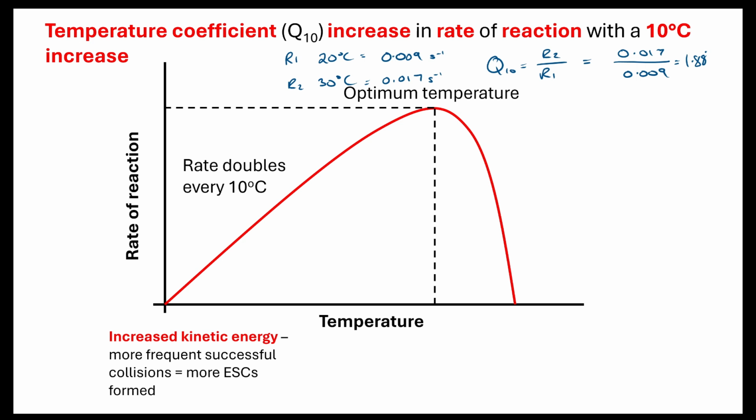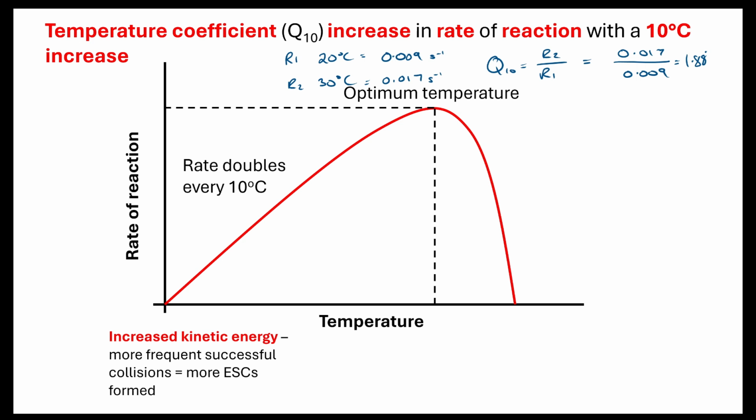Therefore, their rate of reaction will continue to increase until their optimum temperature has been reached, which is about 65 degrees C. So it's again important to note that not all enzymes have the same optimum temperature. It depends on the enzyme and the organism that it comes from.